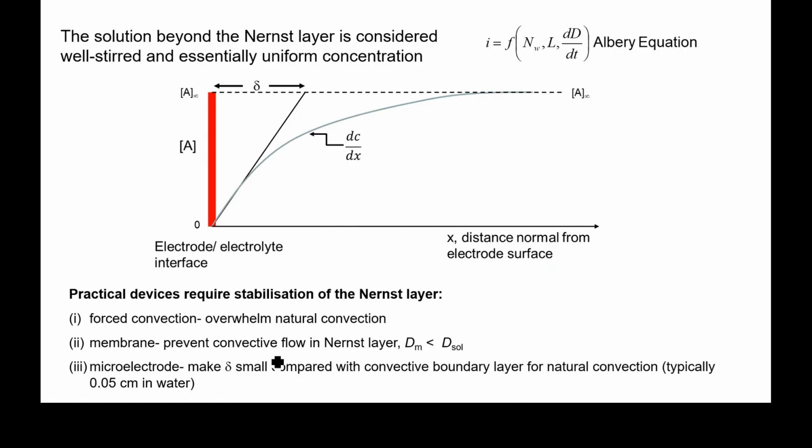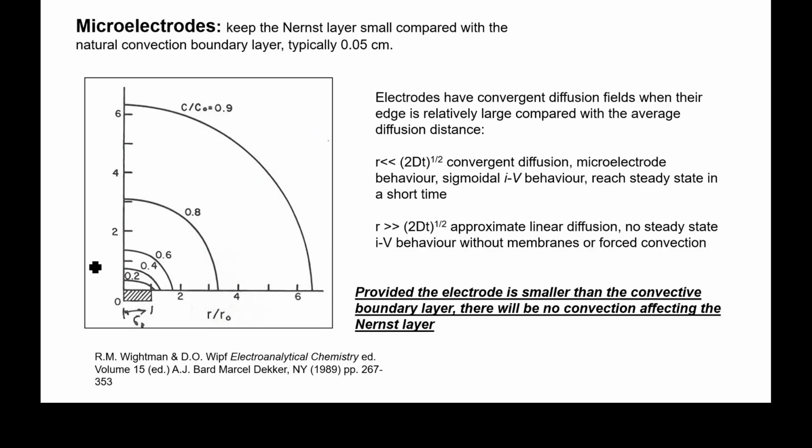And if we don't stabilize our Nernst layer, either by forced convection, a membrane, or making our electrode tiny, then we're just going to be subject to all kinds of noise variations, vibration, density gradients, and so on, perturbing this concentration gradient and giving us random signals.